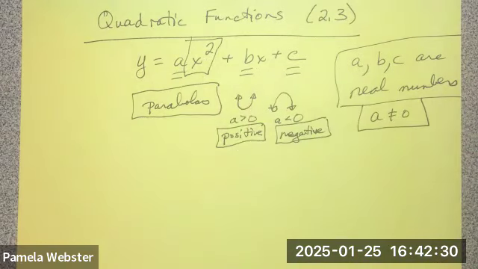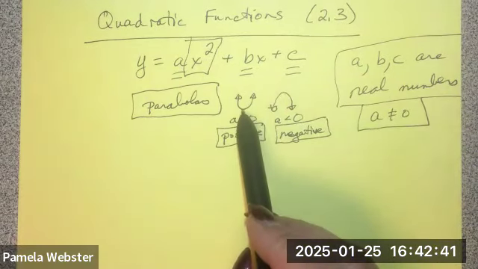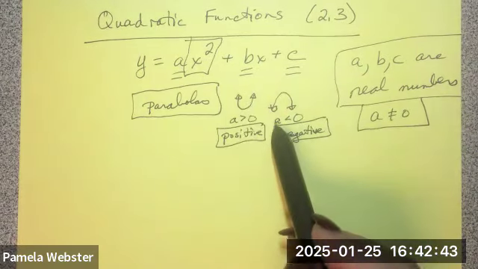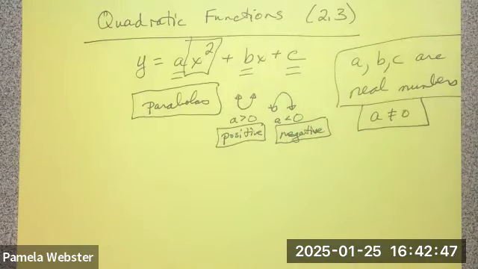What I used to say whenever I taught high school was that the positive one has a smiley face, and the negative one has a frowny face. If that helps you remember, that's great. If not, whatever helps you out, just make sure you know the difference.